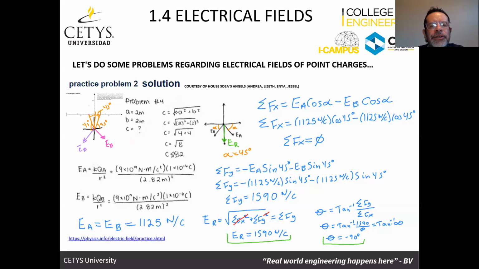If we do the calculation of the triangle here, both A and B in this triangle are going to measure 2 meters. And so I'm trying to find C, which is equal to R, the distance to the point. To do that, we use Pythagoras. So we find that C is the square root of 8, which is 2.82, right?